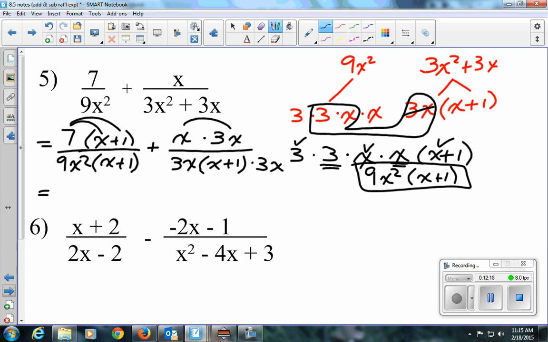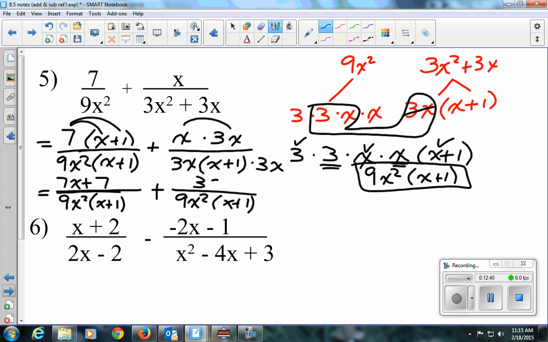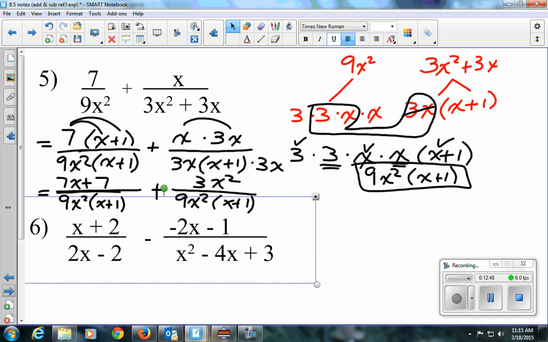Denominators, leave those factored. So now I have 9x squared times x plus 1 on the bottom, on the top, I have 7x plus 7. Plus. Okay, on the other side, I have 9x squared times x plus 1. X times 3x gives me 3x squared. Okay, so multiply out your tops, leave your bottoms factored. I'm running out of room. Move this guy out of the way.